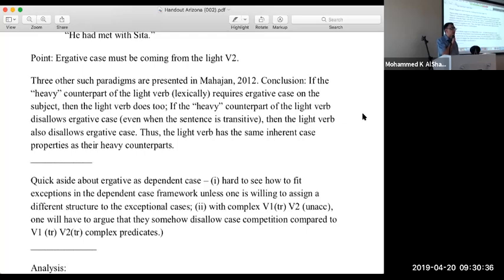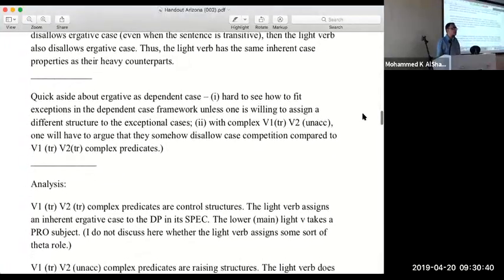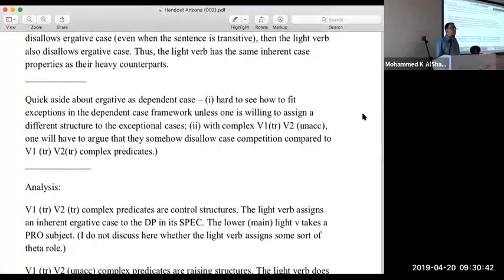In terms of case competition, if you have two DPs within a single domain, you can set up a competition, and in an ergative language, the higher of the DPs in terms of c-command gets ergative case.